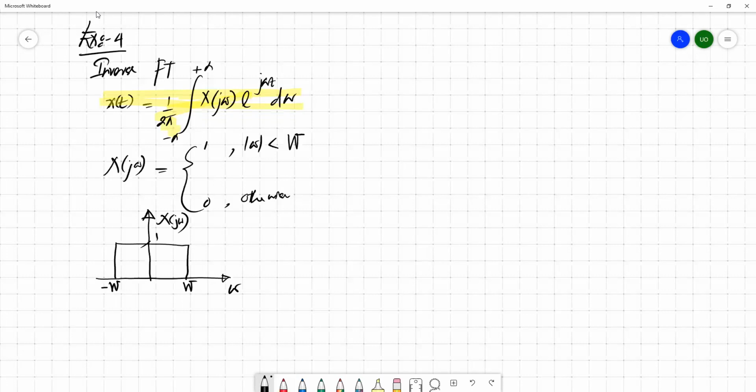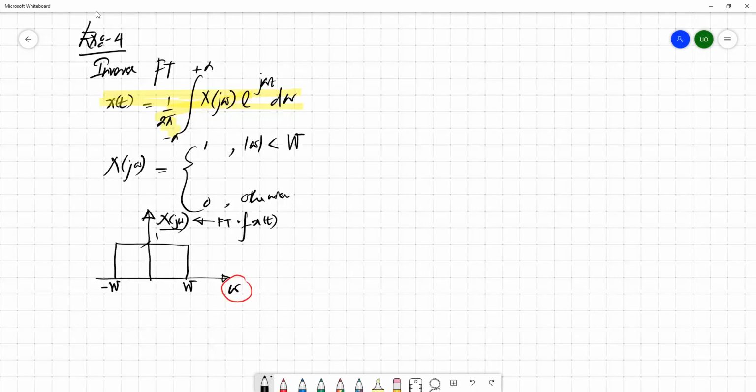Now in this case, we are given a pulse in the frequency domain. See that? So this is in the frequency domain. This is the Fourier transform of a kind of function x(t).